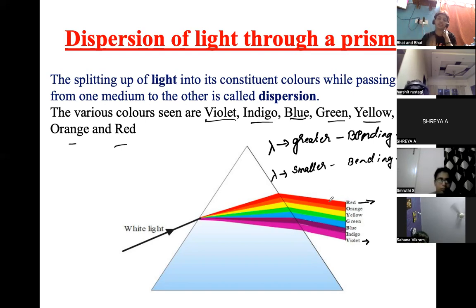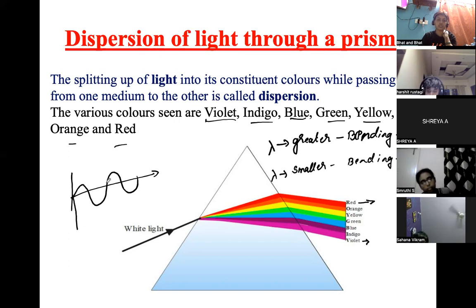Simple. Wavelength is, if you consider a wave like this, the distance from here to here. This is called wavelength.